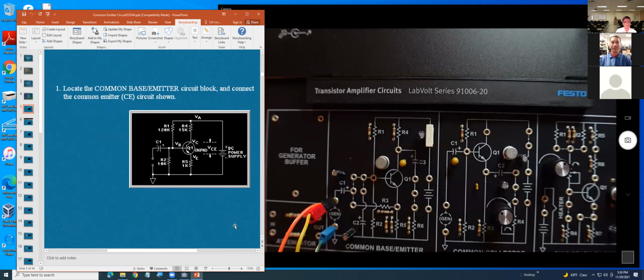The first thing they want you to do is build the circuitry.